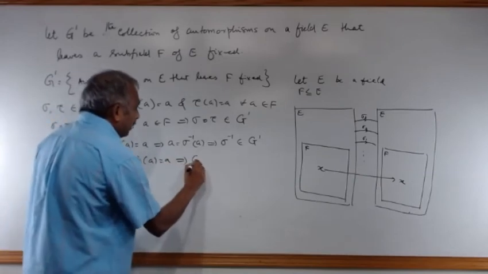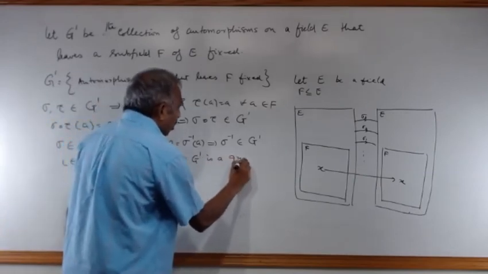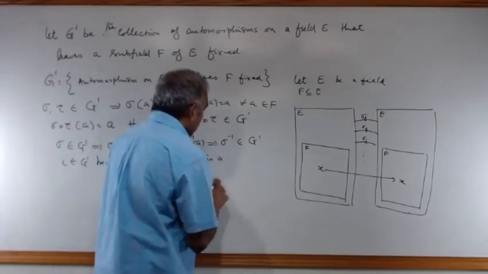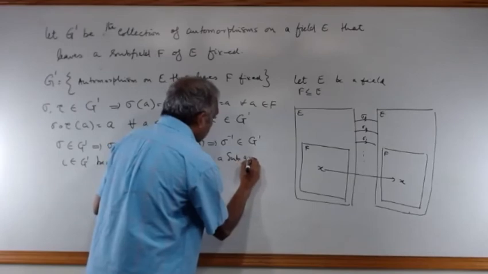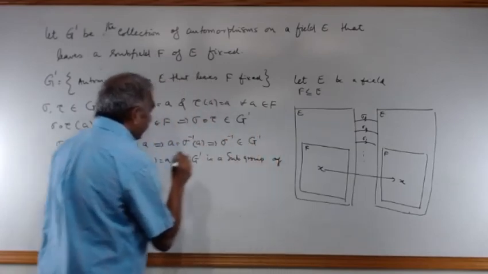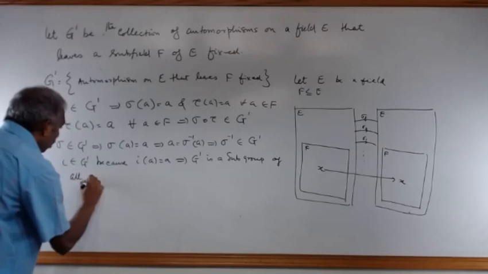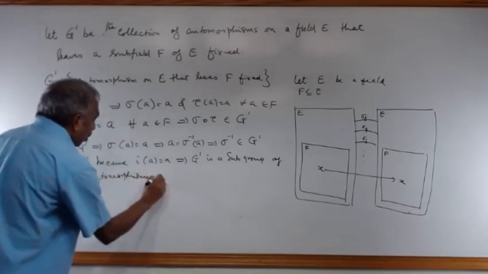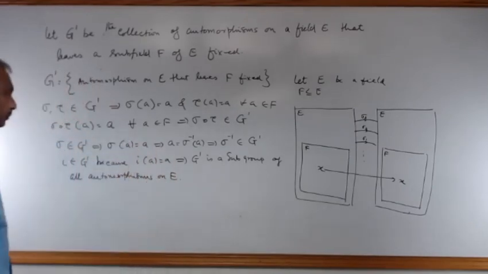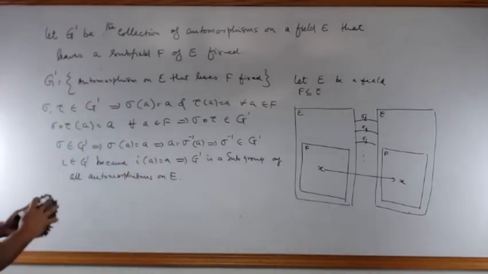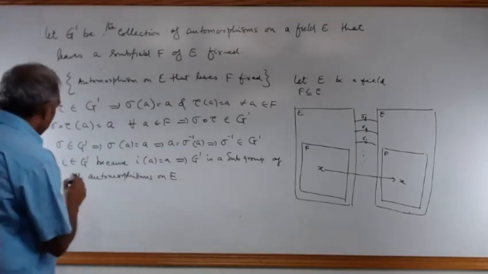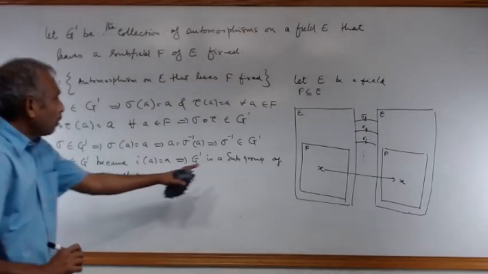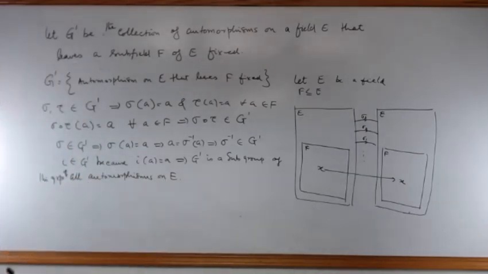That implies G prime is a group, a subgroup actually, a subgroup of the group of all automorphisms on E.